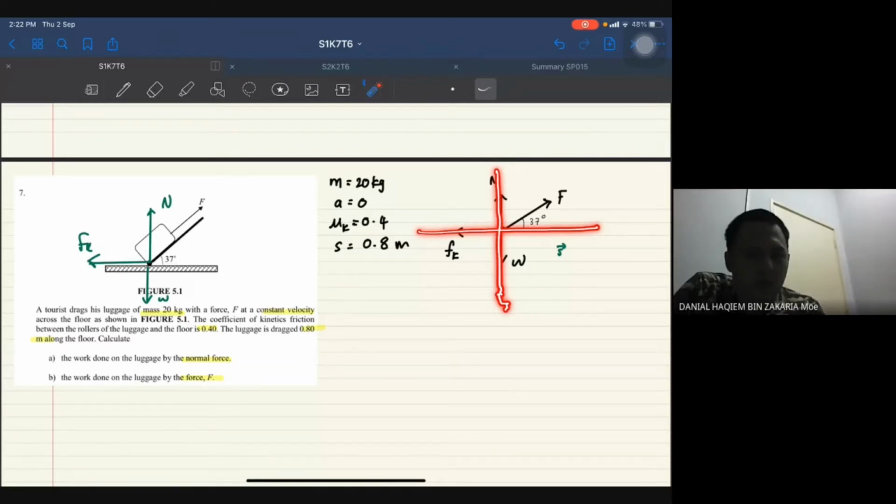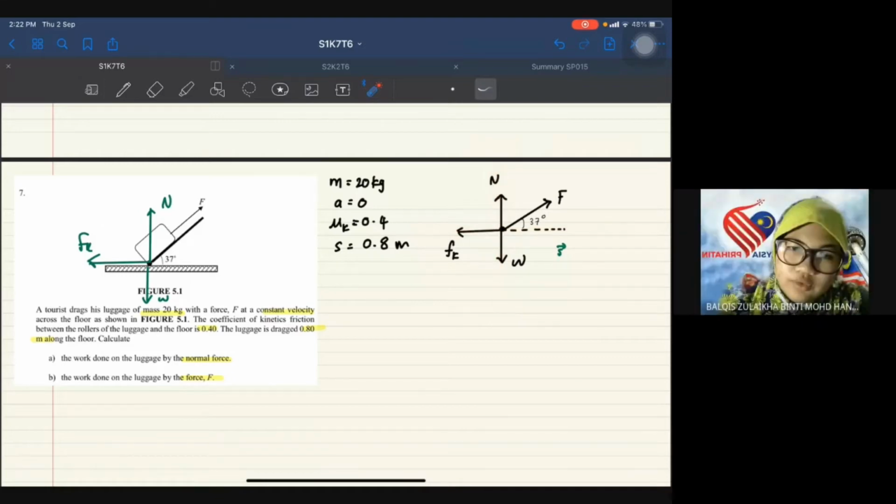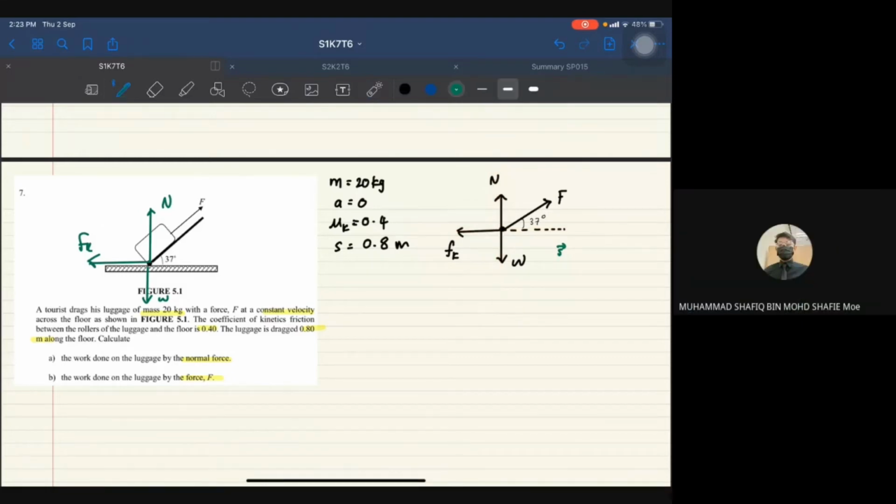F. So F is in between x and y. If it is in between x and y, what do you have to do? Resolve. Yes, resolve. Very good. So you have to resolve that one into Fx and Fy.